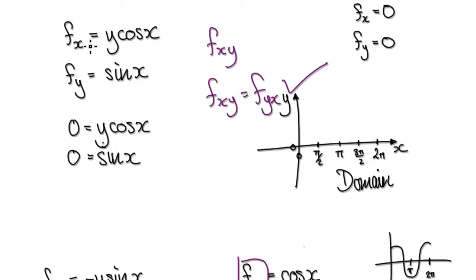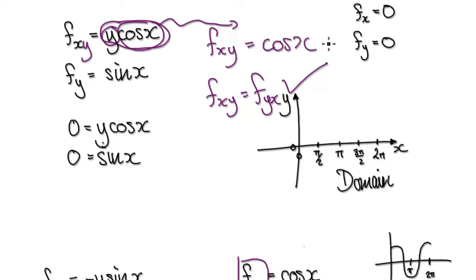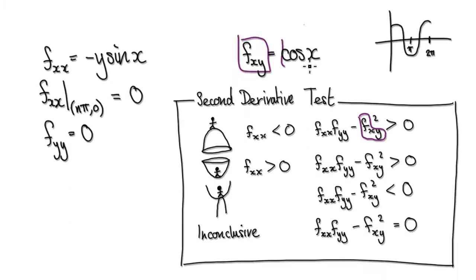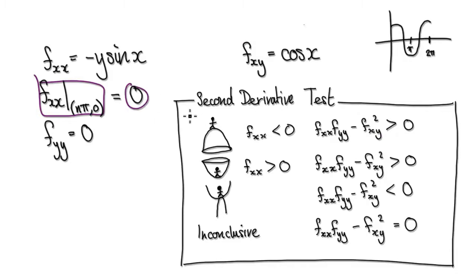So now we need to differentiate this with respect to y. y is a variable, and this is a constant, so when you differentiate it, it would just be cos x. So fxy equals cos of x. Now, fxx evaluated at our point will always be 0. So the concavity is not concaving up, and it's not concaving down in the direction of xx.